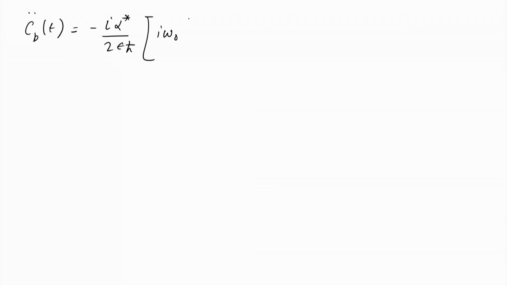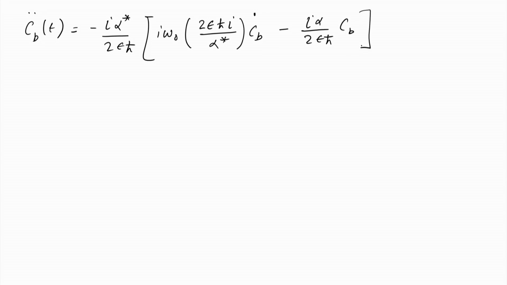So, a little bit of manipulation, but this is all very simple, divided by alpha star, and C_b dot minus i alpha by 2 epsilon h cross C_b. This is simplifying, and now this can be written as i omega C_b dot minus alpha square by 2 epsilon h cross square C_b.